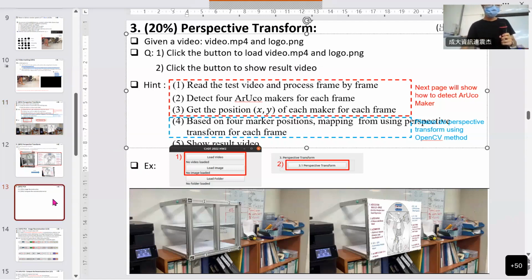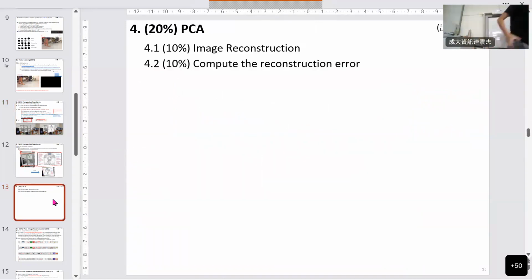Next. Okay, so in the fourth question, you have two sections. In the first section you have to do image reconstruction using PCA, and in the second one you have to calculate the error between the original and the reconstructed image.